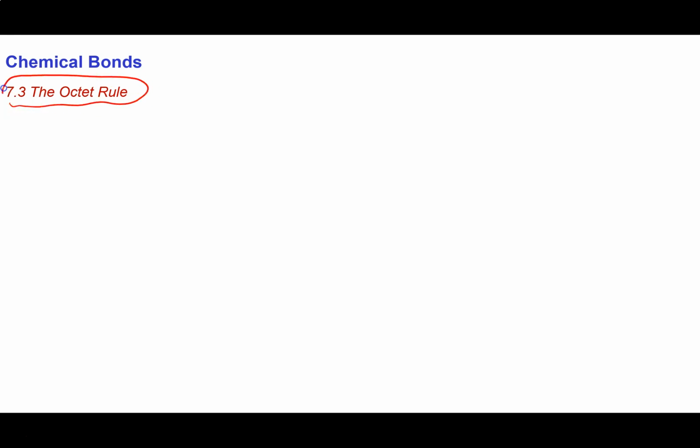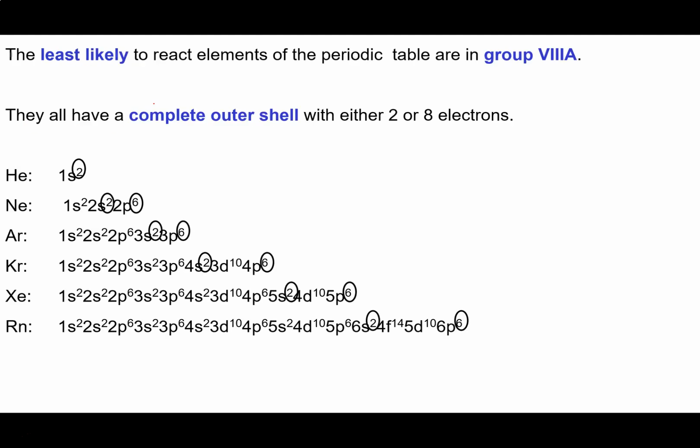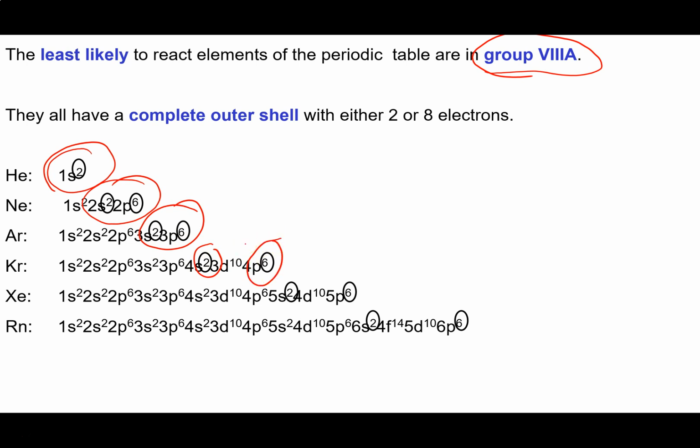So something that comes out from considering what atoms are the most stable and least likely to change their electron configuration is what we call the octet rule. The least likely to react elements of the periodic table are those that are in group 8A. And these are elements that either have 2 electrons in a completely filled 1s subshell or a completely filled s and p subshell in their outermost shell.